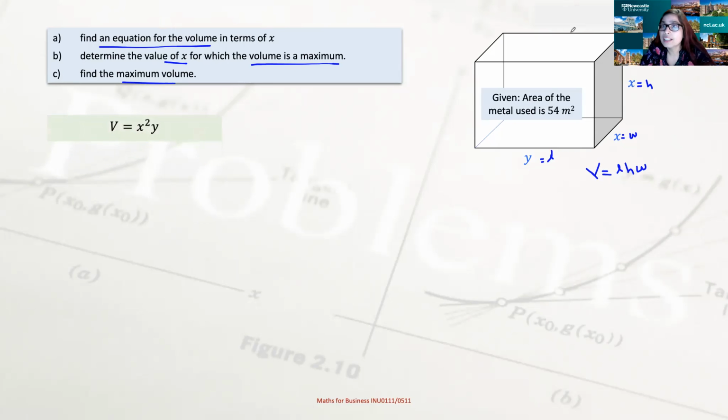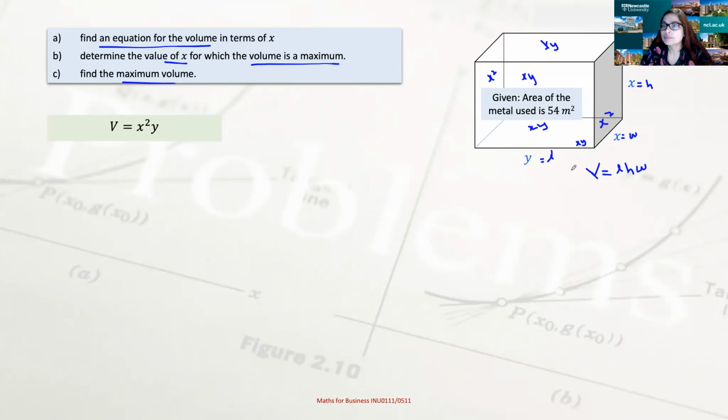What about the area? To find the total surface area, we have to find the area of each face. So that's going to be x squared for this face. This face is going to be xy, and the bottom face is going to be xy. This face is going to be x squared. This face is going to be xy. That's going to be xy.